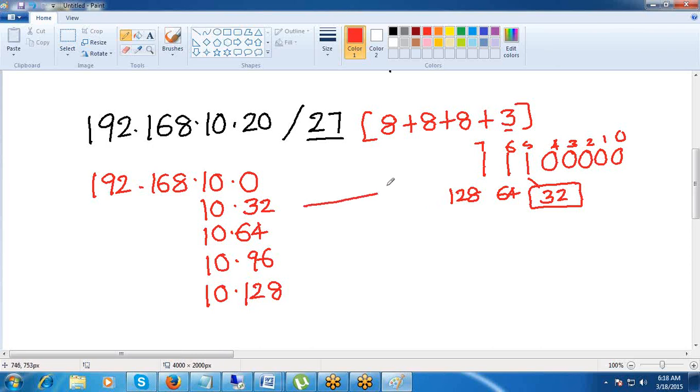So the broadcast ID for this one is one less than the next network, that means 31, and the next broadcast ID is 63. So what is the IP address? 20. The 20 is coming between 0 and 31. Is it right? For this IP address, the network ID is 10.0 and the broadcast ID is 10.31. Is it okay?